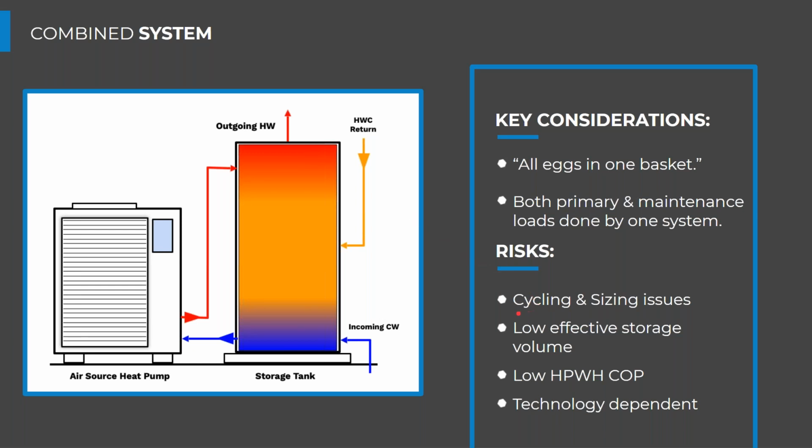Those issues are primarily frequent cycling of the heat pump, which is not great for heat pumps or many mechanical devices, and then sizing issues. Our hot water circulation load is continuous all year long and typically a pretty low loss rate compared to our primary load.